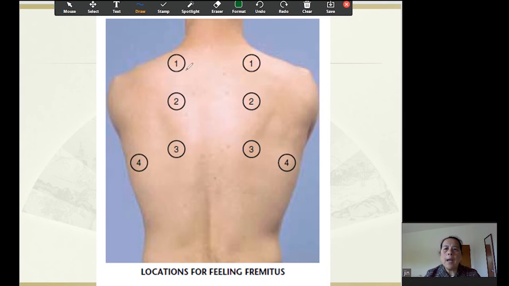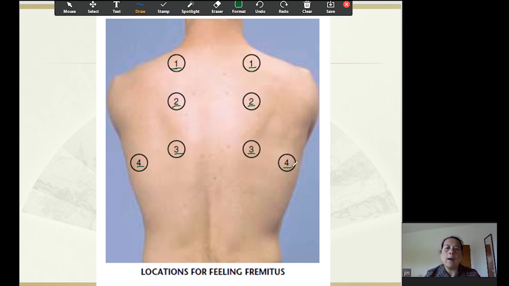We compare both sides. Normally, the vibrations will be similarly strong on both sides. So we compare from the upper chest, go to the middle, go to the lower, then we go to the side.